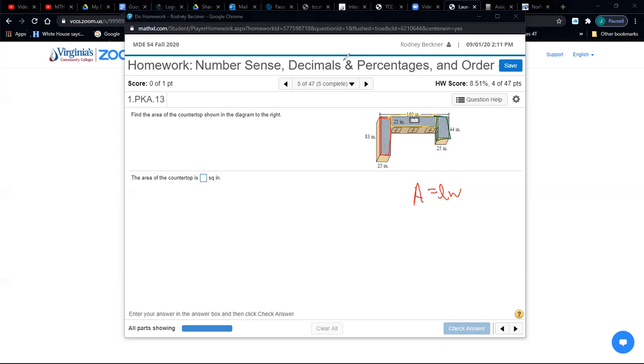So the red, the blue, and the green, we just need to figure out their lengths and widths. The red one is pretty clearly labeled. It's 83 inches this way and 25 inches this way. So let's just call that area 1. So area 1 should be the 83 inches, I'll leave off the units for now, but later in the class we will not, times the 25, and we'll save that for a little bit.